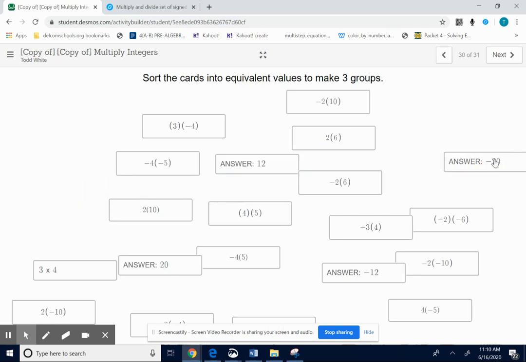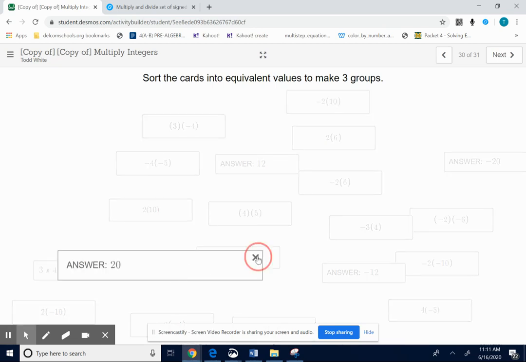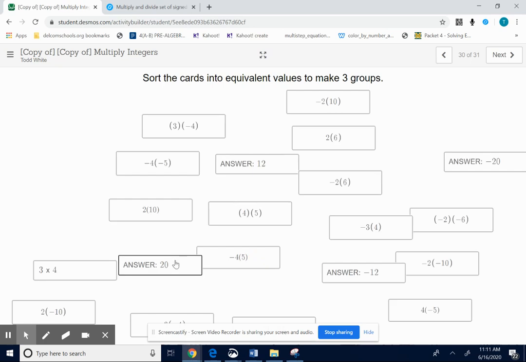Okay, let's just do one set together now. I'm going to take my answer of 20 and just work with that. I'm going to go over the 20, put my left finger down on the mouse pad, and then move the 20 with my right finger. I want to get every multiplication problem that will give me an answer of positive 20.